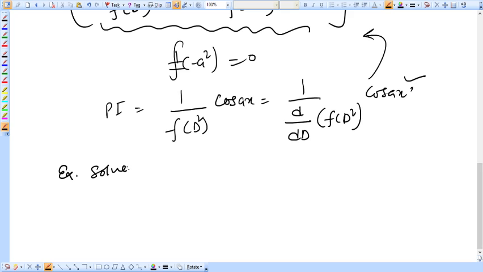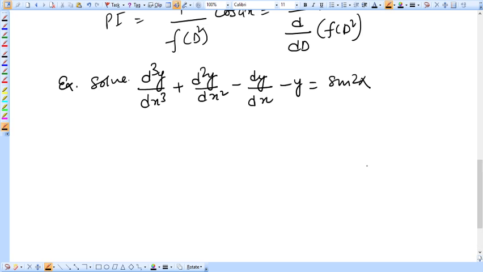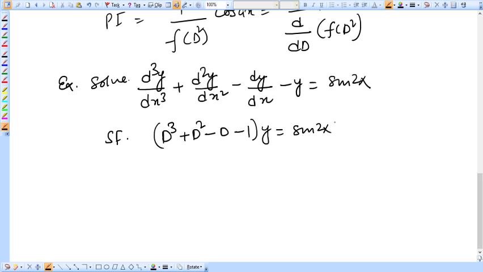Solve the given equation. The symbolic form is D cube plus D square minus D minus 1, y equal to sine 2x.